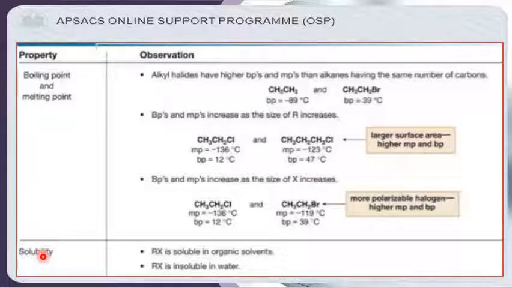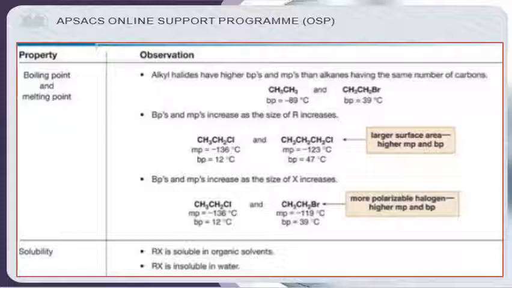Boiling points and melting points increase as the size of the halogen increases. It means the melting point of chloroethane is minus 136 degrees centigrade and the boiling point is 12 degrees centigrade. But in the case of bromoethane, the melting point is minus 119 degrees centigrade and the boiling point is 39 degrees centigrade, which is more than fluoroethane.